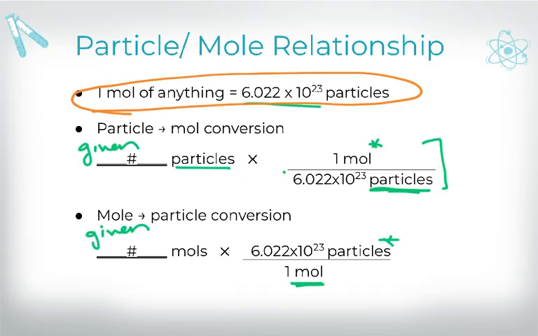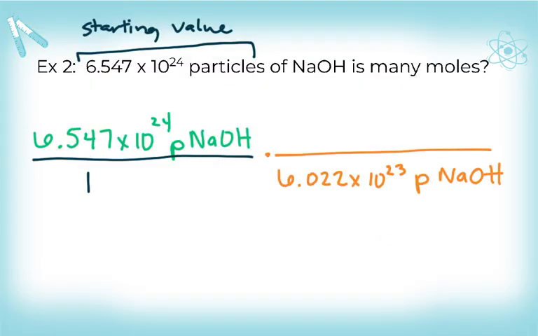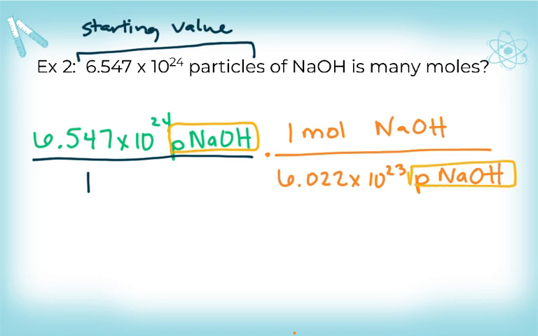And then I'm going to put that 1 mole on the top. So 1 mole of NaOH on the top. And we do that so that our particles of NaOH that are on the top and our particles of NaOH that are on the bottom, those units can cancel. And so then I can go ahead and do my math.